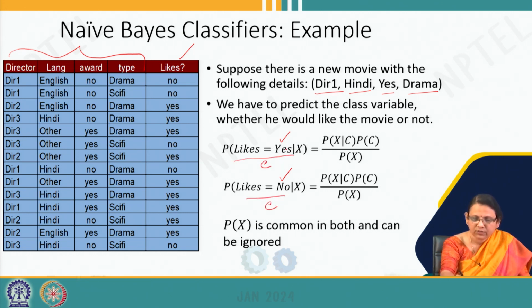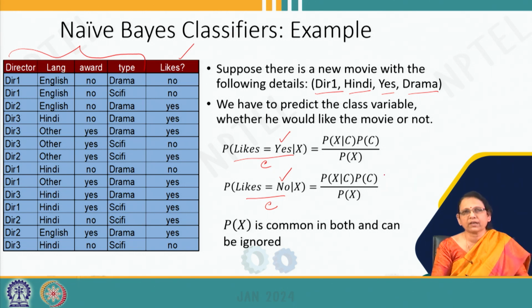For likes equal to yes, we have to find out a certain probability, and for likes equal to no, we have to find out a certain probability. Out of these two, whichever is the highest, we will treat that this particular feature vector belongs to that class. So, if yes is high, we will recommend it. If no is high, then we will not recommend it.